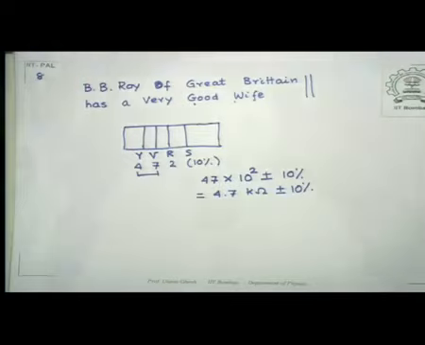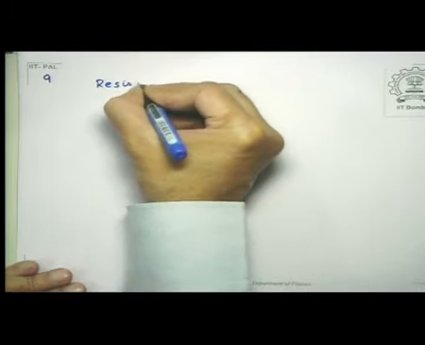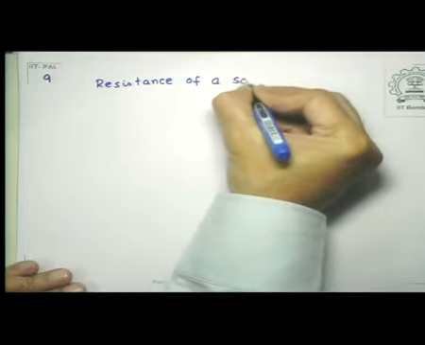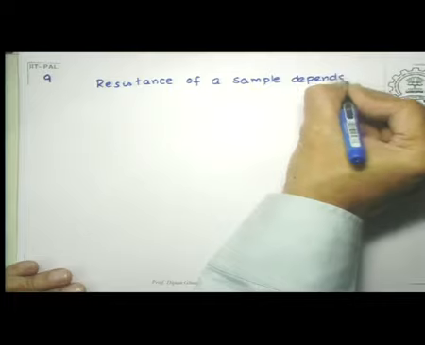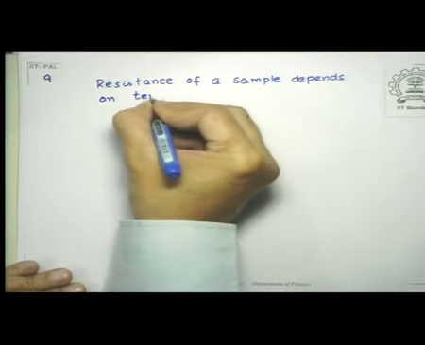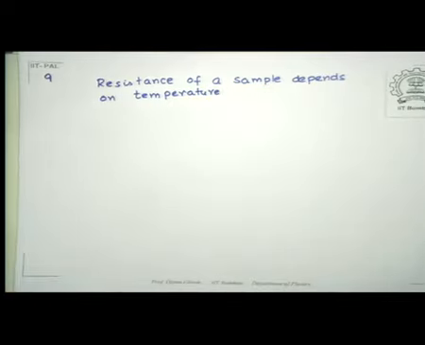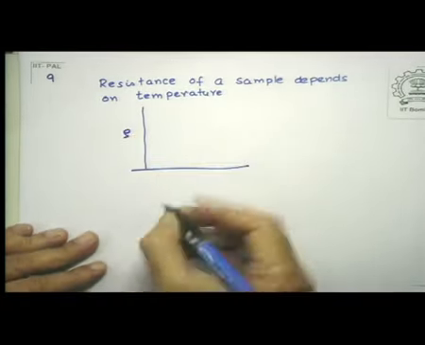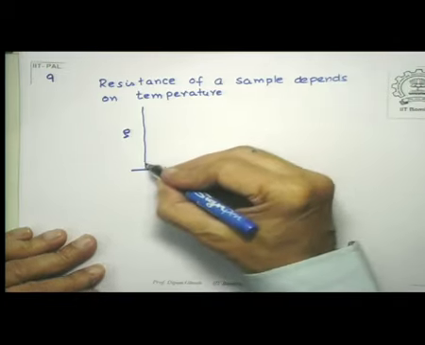Having said that, I did mention that the resistance of a sample depends upon temperature. Let's see why and how. Now the typical variation of resistivity of a sample with temperature has been found to be roughly linear.